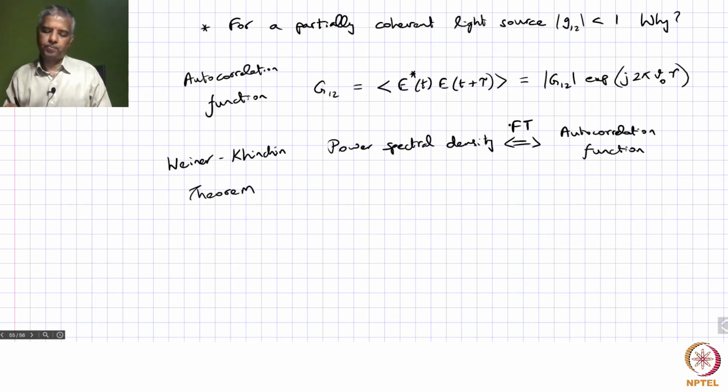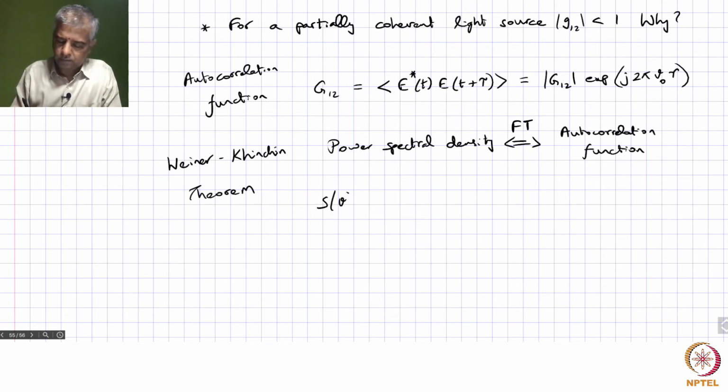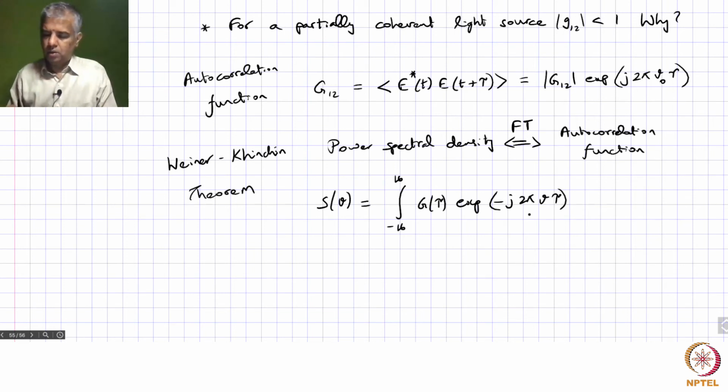Okay. So, let us say S of nu is the power spectral density. So, S of nu can be written in terms of g of tau as an integral of g of tau times exponential of minus j 2 pi nu tau, okay, and so that is integrated over all possible values of tau, right.